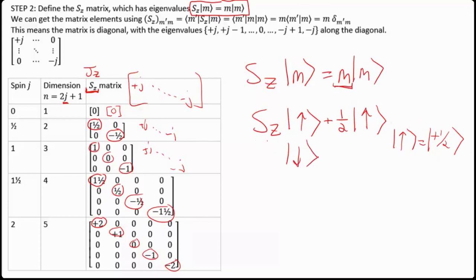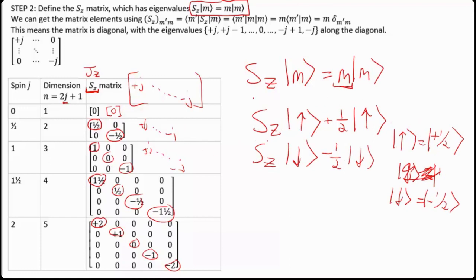And if it was spin down, then we would get minus a half, where spin down is just the negative a half basis vector.